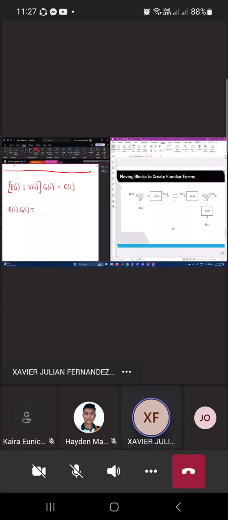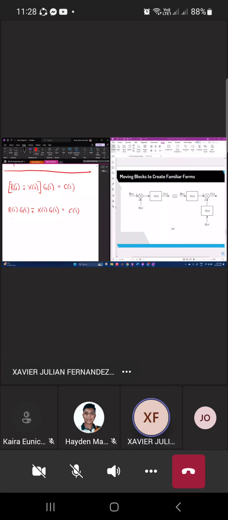That's minus plus X of S times G of S. We sum the two outputs, so the total output is C of S. That's just the same thing.